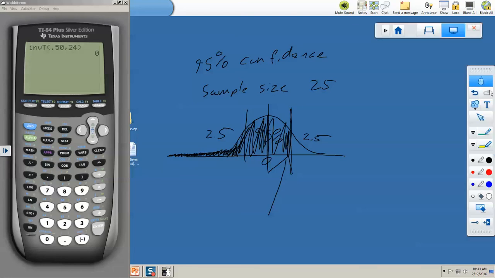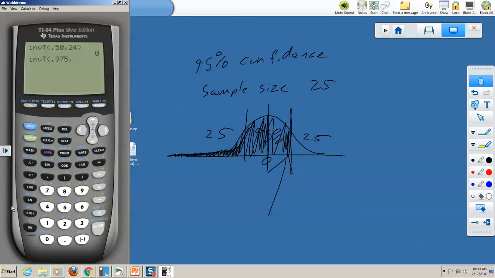So what I need to enter into my calculator is inverse t, and because I want 95% confidence, this needs to be 0.975, because it's the 95 in the middle and the 2.5 over here, so that I get this spot right here. It's 95 plus 2.5.